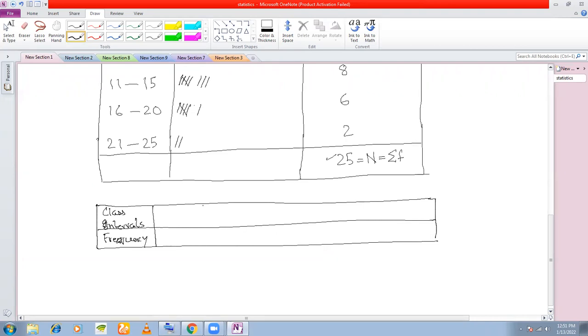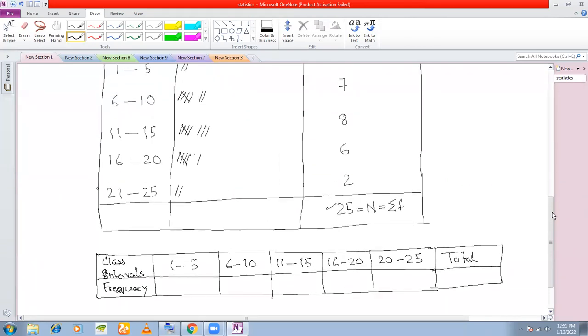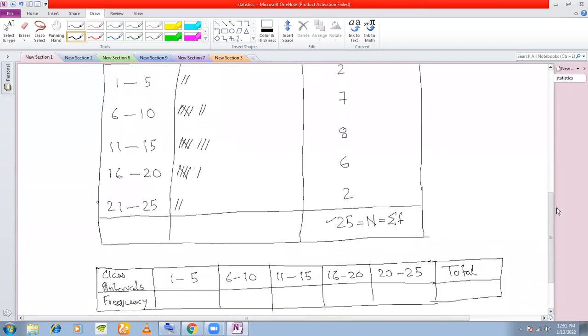So you have 1 to 5, 6 to 10, 11 to 15, 16 to 20, 20 to 25. And if you want, you can make another column here for the total. You can do this also, or you can skip the total also, no problem. If you have the tally marks table, you can skip that also.